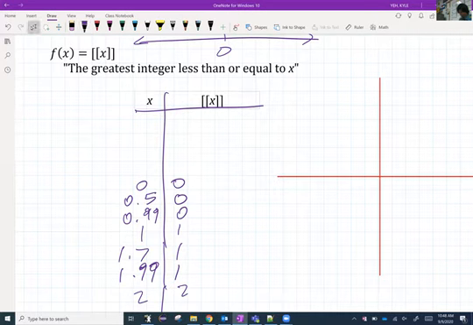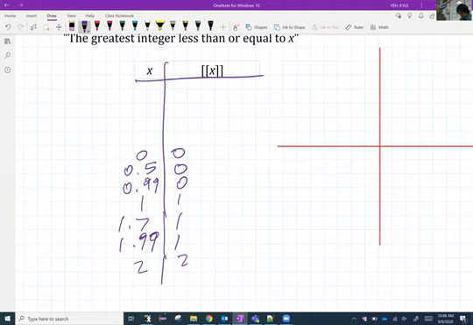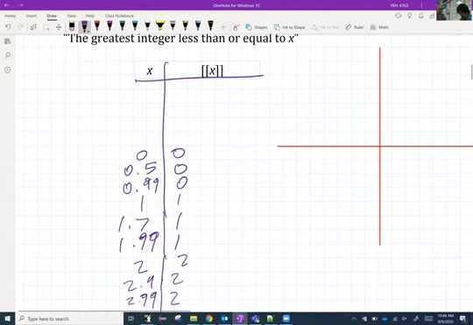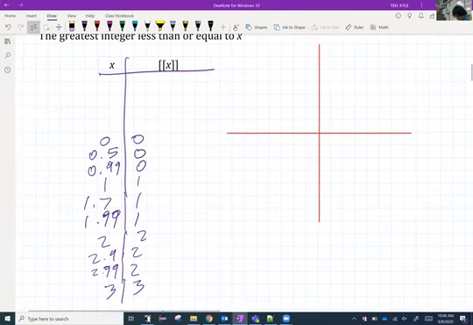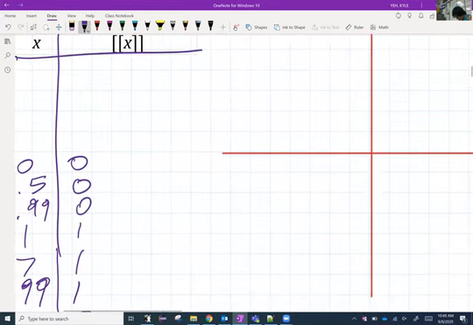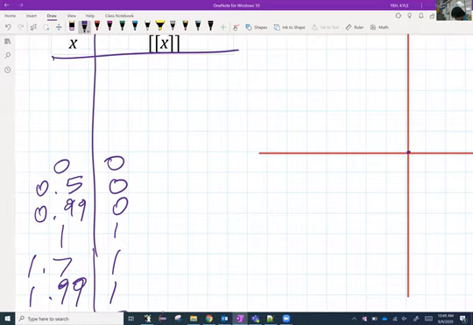And so by doing this, you can see the pattern kind of quickly. 2.4 will still be 2. 2.99 will still be 2, and then it will jump to 3. So I'm going to start plotting this on my graph. 0 was 0. 0.5 was 0. 0.99 was 0. So we go all the way until we hit 1.